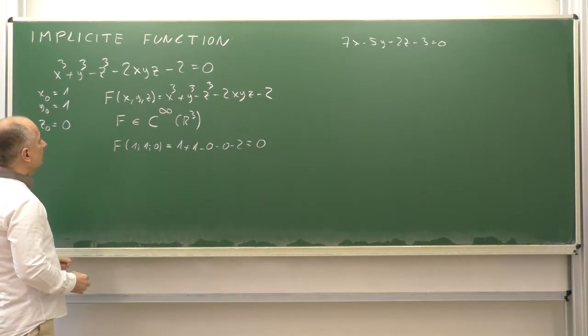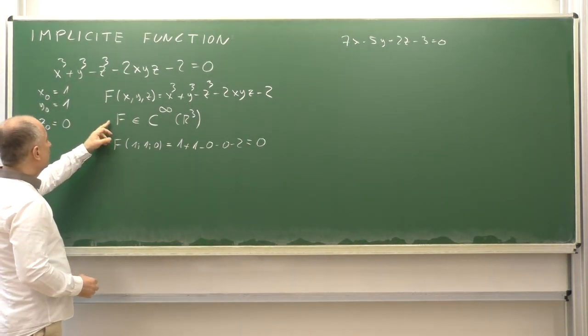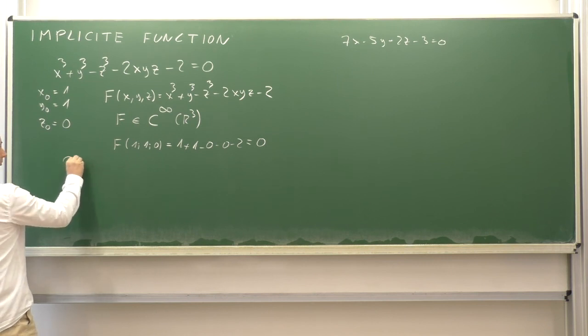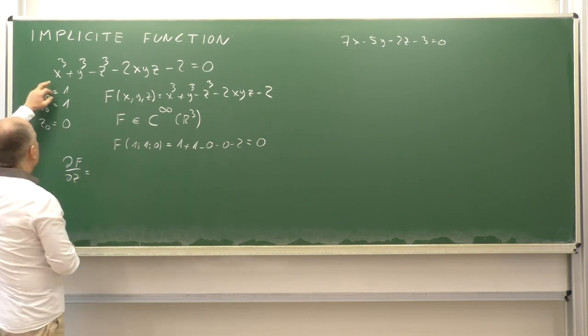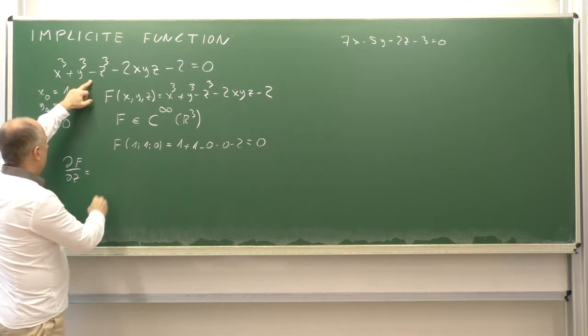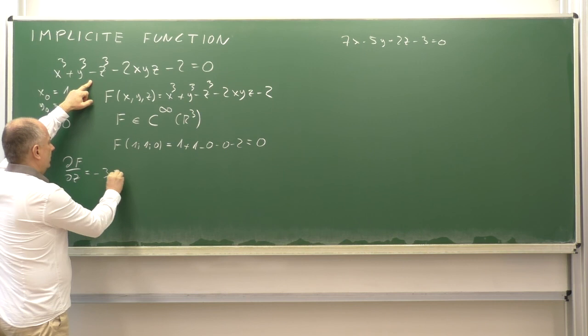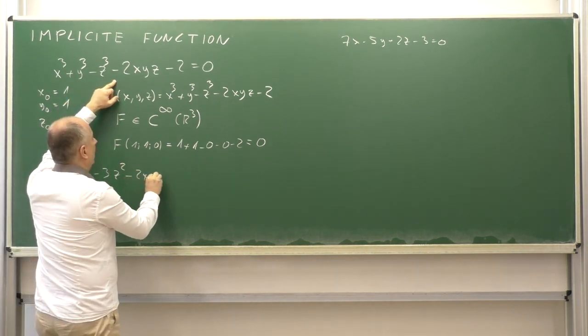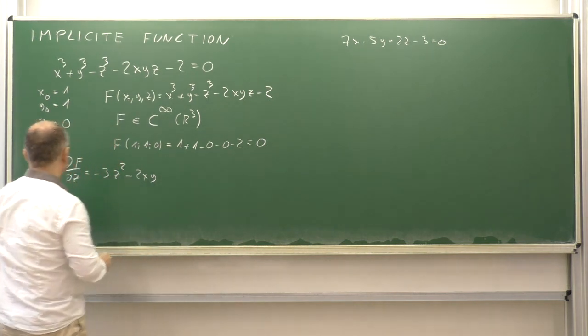And now we want the derivative of F with respect to z. It is 0, 0, minus 3z squared minus 2xy, 0.